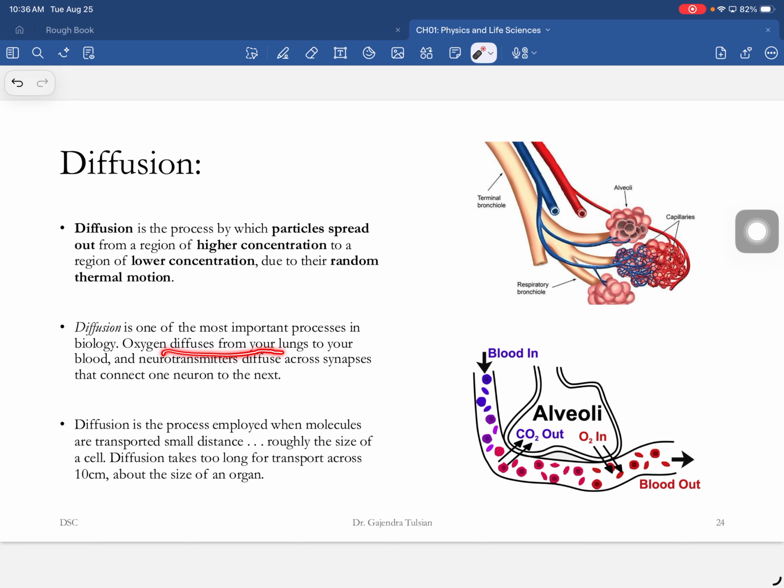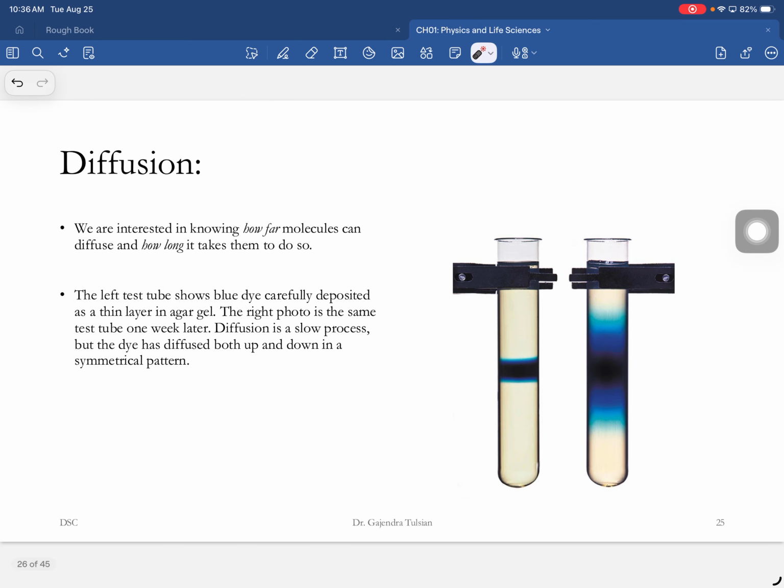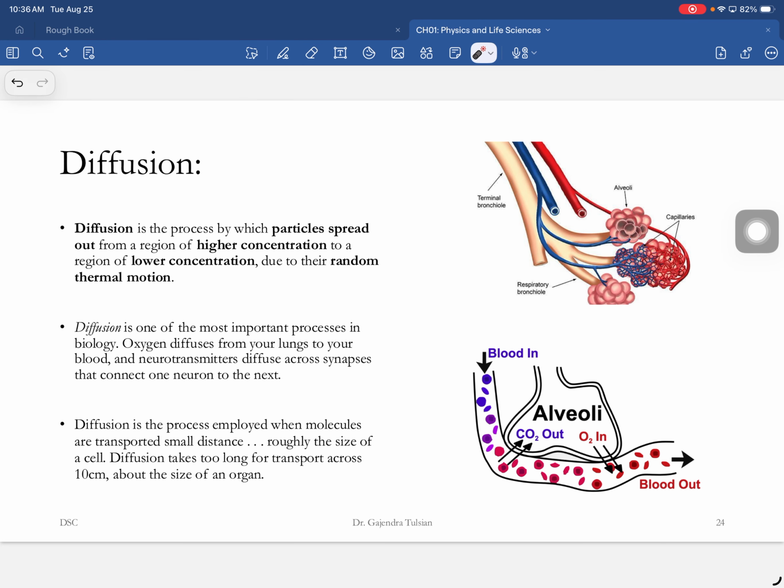Oxygen diffuses from your lungs into your blood, and neurotransmitters diffuse across synapses that connect. So here is an alveoli, and when CO2 concentration is higher, it'll flow into the alveoli. When oxygen concentration is higher there, it'll diffuse into the blood.